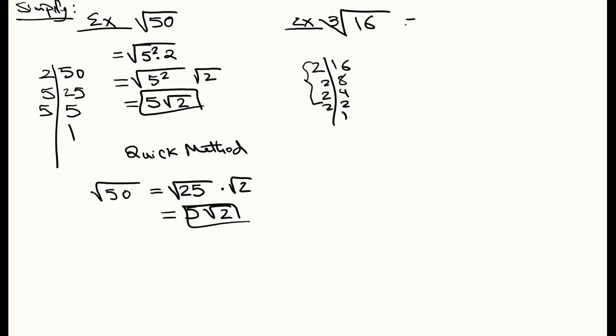So we can go ahead and break this up as the cube root of, you can either write 2 cubed or you can write 8, makes no difference. It's easier to write it as 2 cubed, and then you have the cube root of 2 that's left. So this 2 that you see here is the one that was left after the 2 cubed was taken out.